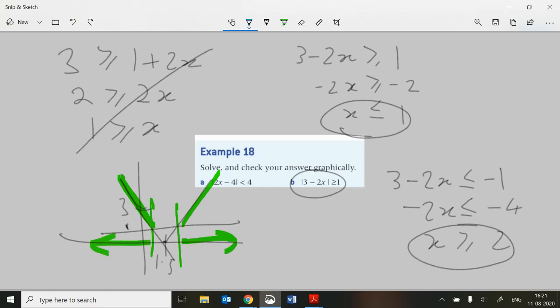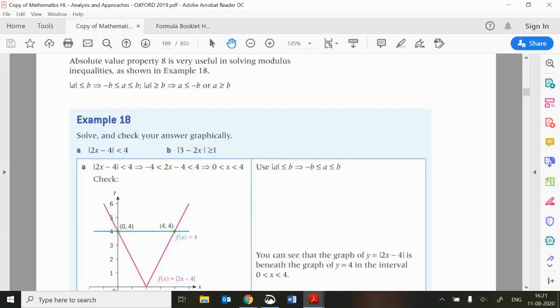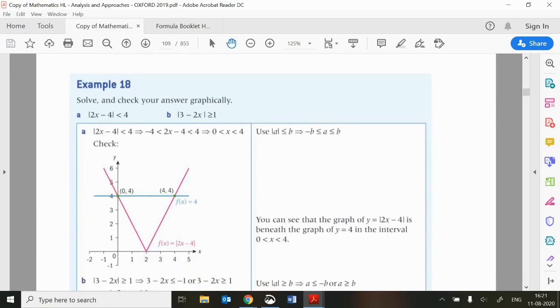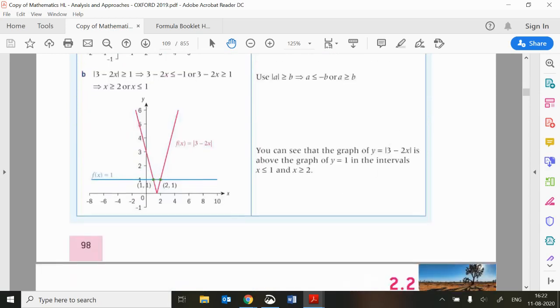So this point should be at 1, and this point here should be at 0.5 past 1.5. So that should be at 2, which is exactly what we've got. We're talking about x being less than or equal to 1 and greater than or equal to 2. Okay, you can obviously check that one on your calculator, but I expect at this point you're able to check that by sketching the situation as well.